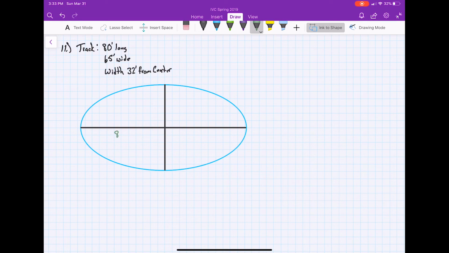So I've got a racetrack drawn here with a center and a vertical. It's 80 feet all the way across. This whole thing is 80 feet. And the vertical is 60. Half of 80, of course, is 40. So from this to the center is 40.